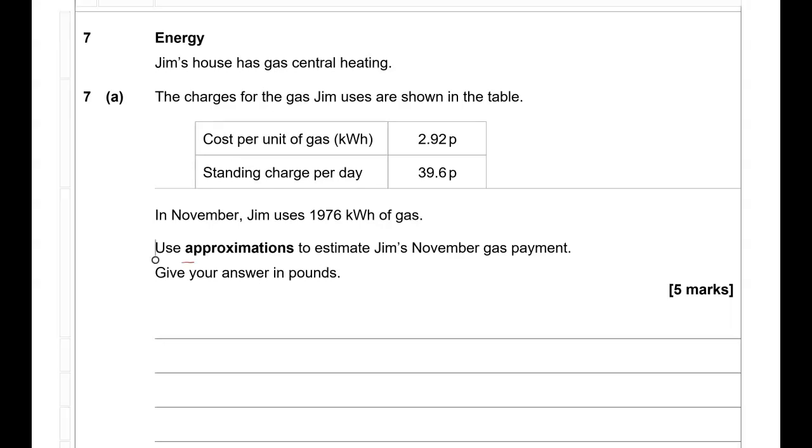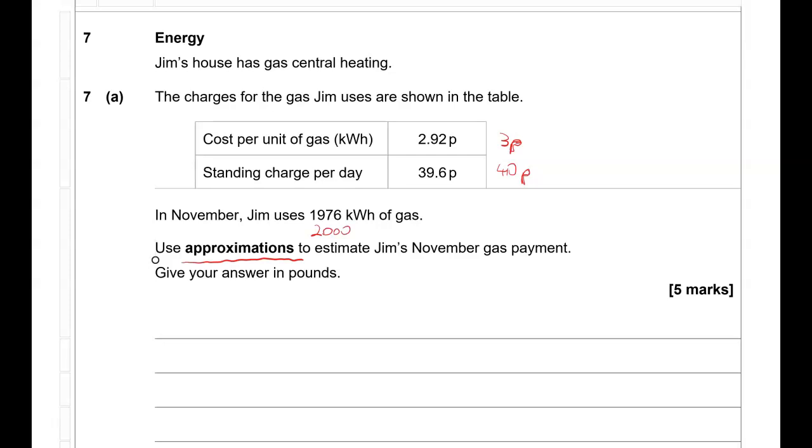As we're going to use approximations, we need to round these figures. So I'll round 2.92 to 3 pence, 39.6 to 40 pence, and 1,976, I'm going to round that to 2,000.